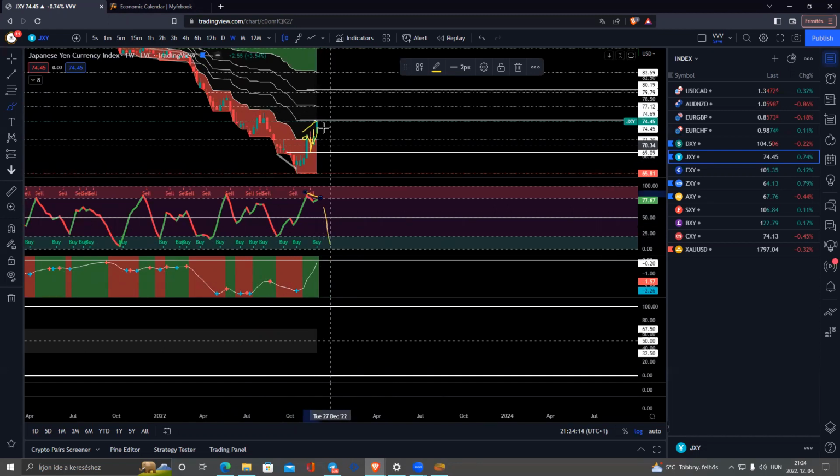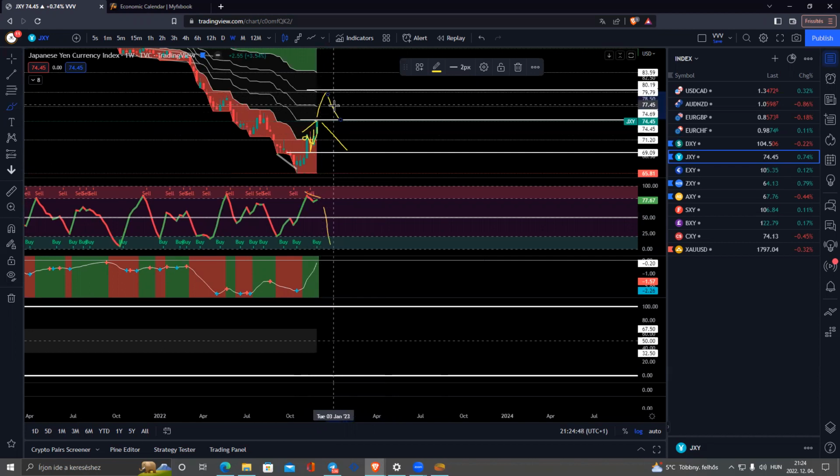If it doesn't turn down this week, then we are heading to this point, this or this, but it's a different scenario if it bounces from this point, because then I think the price will break down and go back to the low.